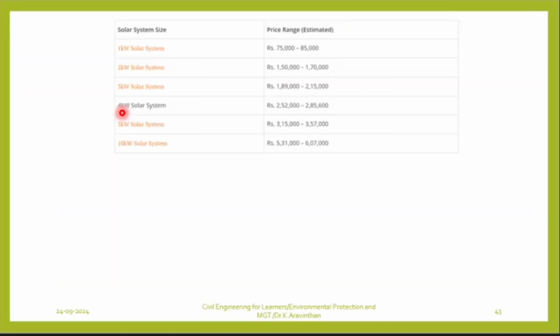Solar panel cost for 1 kilowatt is 75 to 85,000 rupees. In your house, if you need solar panels, 2 kilowatt costs around 1,50,000. You can buy that solar panel and you will be sustainable in your energy consumption.